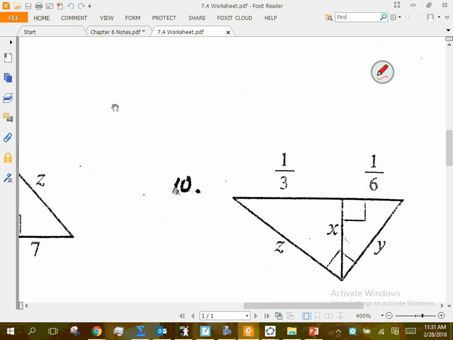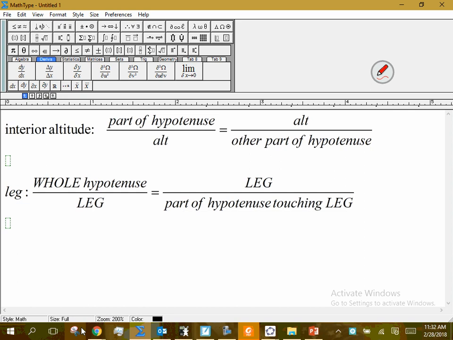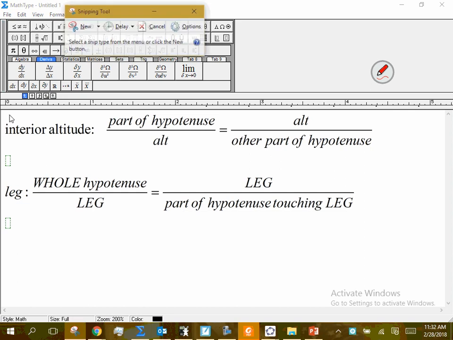We'll just find Z. So what kind of segment is Z? It's a leg, right? Yeah. So that should be here and here, correct? Mm-hmm. Now going back to what this said, let me just cut this out so we don't have to jump back and forth all the time.